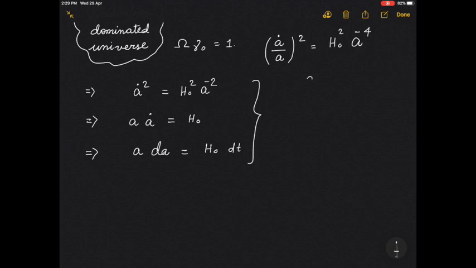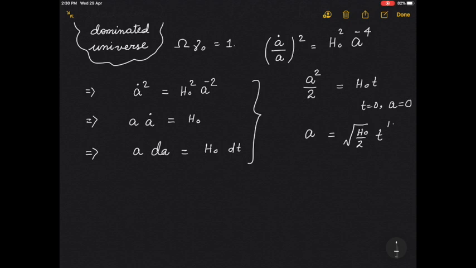Now I can do an integral. So all these things boil down to, on the left hand side, a squared by 2. On the right hand side, I get H naught t, and I can choose my a at t equals to 0. We don't understand what it is yet, but let's say that at t equals to 0, a equals to 0. If we choose that, we get a equals root over of H naught by 2, t to the power half.